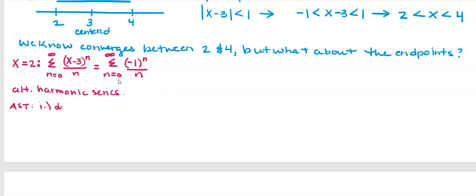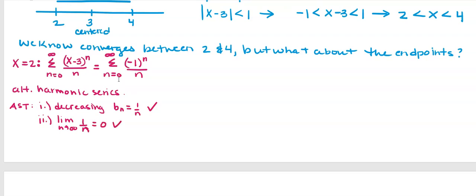Remember, the first piece is that you need to know whether it's decreasing. And yes, this would be decreasing. It's the b sub n that needs to decrease, which is our 1 over n. And yes, that is decreasing. The second step of our alternating series test is the limit of that b sub n as n approaches infinity. And we do know that as n approaches infinity, that is equal to 0.